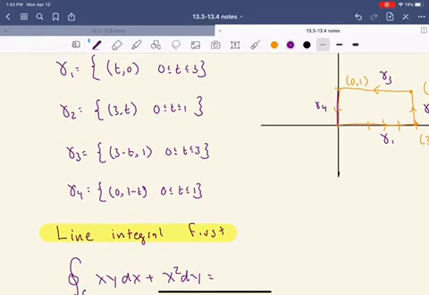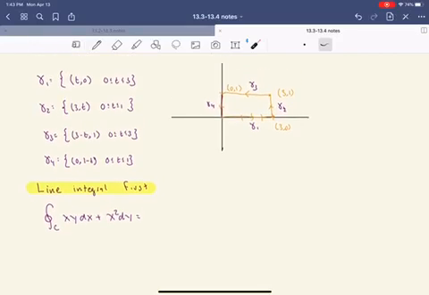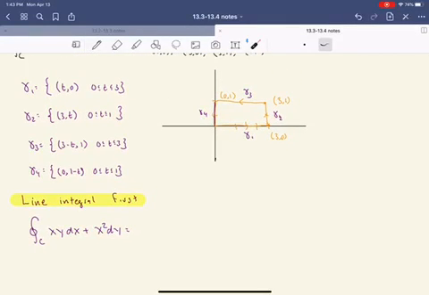We're going to take gamma 1 first, where t goes from 0 to 3. So it's the integral from 0 to 3 of x times y, which is t times 0, and dx is dt, plus 3 squared times 0.